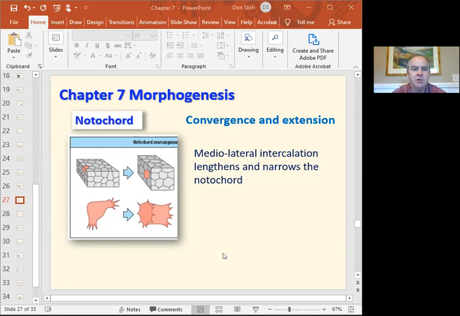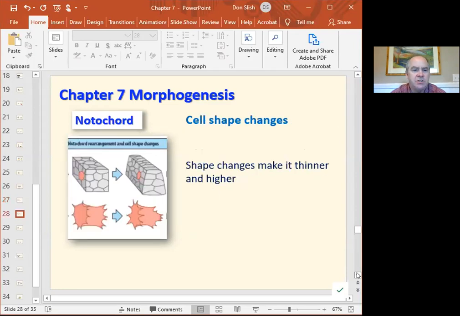As the embryo lengthens, it does that. So here in figure 27, you can see how that C&E happens. The notochord starts out as a flat structure, and then you get that intercalation. The cells slide past each other, and they end up becoming longer. That's during the extension period.